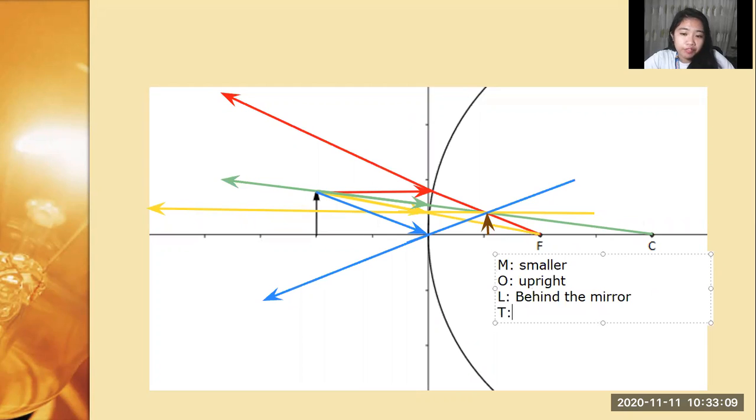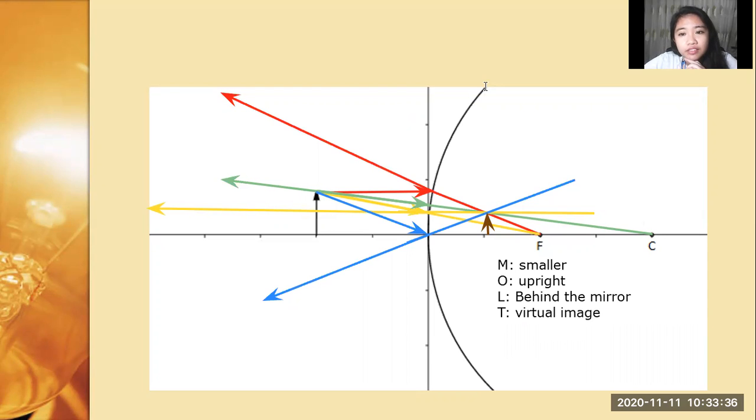And for the type of image, regardless where you put the object, near or far from the mirror, it's going to always produce a virtual image. Okay, so this is for our convex mirror, which has only one case.